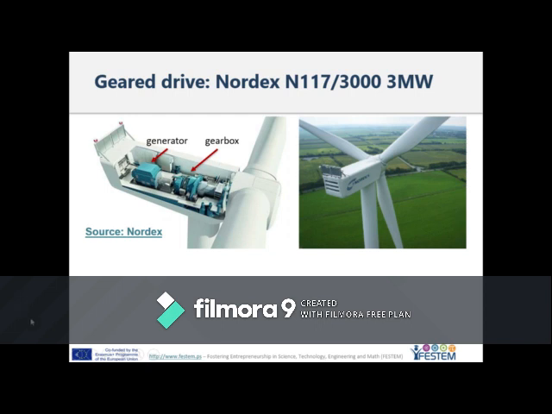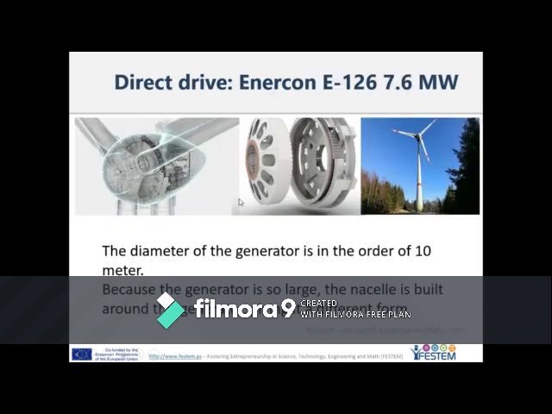Here we have a geared drive Nordex N117 3000. This gives us an output of 3 megawatt. This is how it looks. It has a generator inside. The gearbox is here, and these are the blades as you can see.